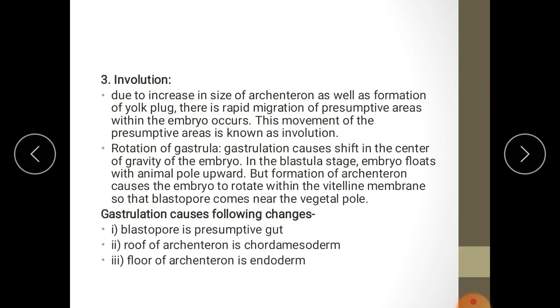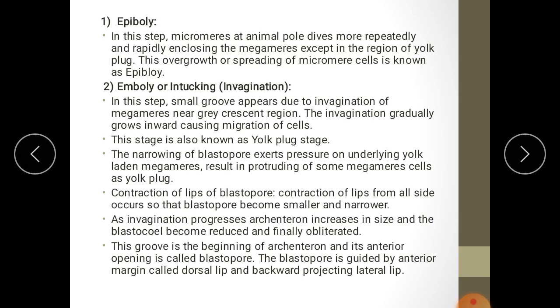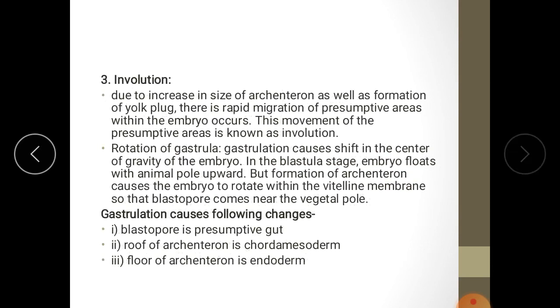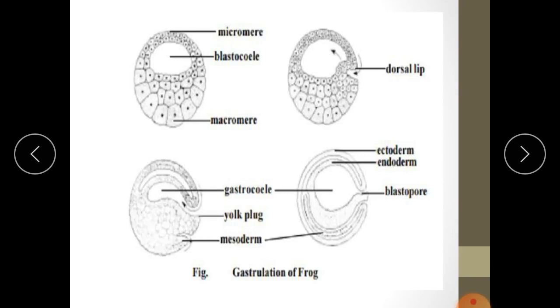So this stage is also known as the yolk plug stage. The narrowing of the blastopore exerts pressure on underlying yolk laden megameres, resulting in protruding of some megameres cells as the yolk plug. Some cells are protruding outside. As these cells cover the entire surface of the embryo, these yolk laden cells are seen here.